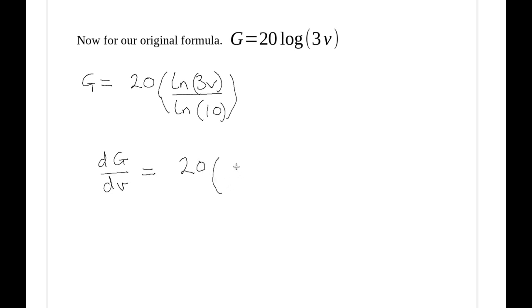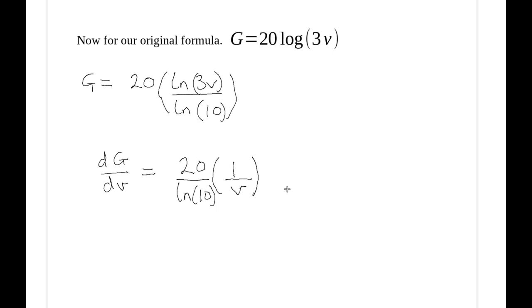So the derivative of log of 3v, sorry, this is a constant in front of this, so I need to bring this to the front. It's just a number, remember. Okay, and the derivative of log of 3v is simply 1 over v. Didn't particularly need the brackets, but it never hurts to put brackets in, as long as they're in the right place.